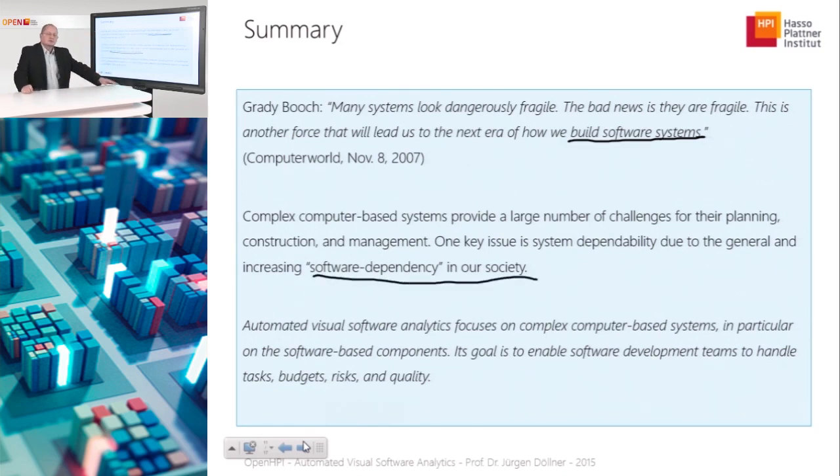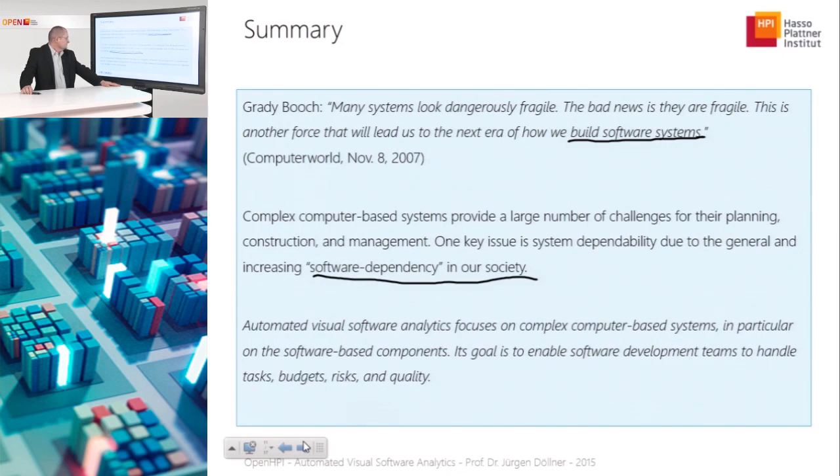Now, how does automated visual software analytics refer to all this? Automated visual software analytics focuses on complex computer-based systems, not on trivial ones, not on small ones, but on big system developments. In particular, on the software-based components.